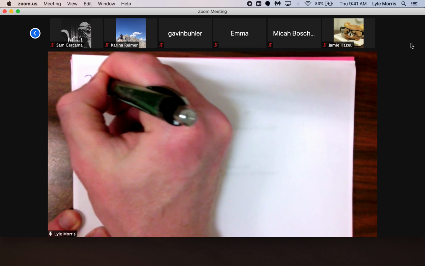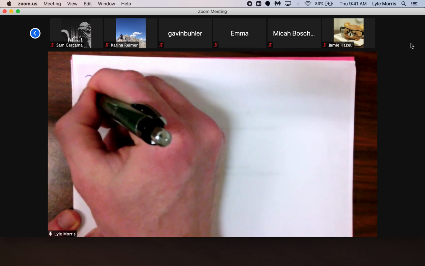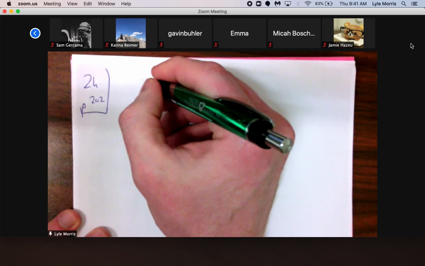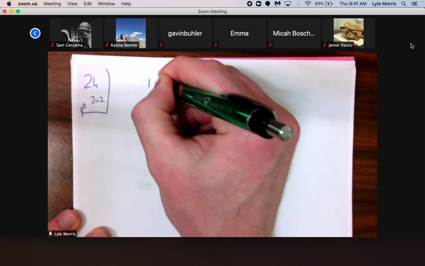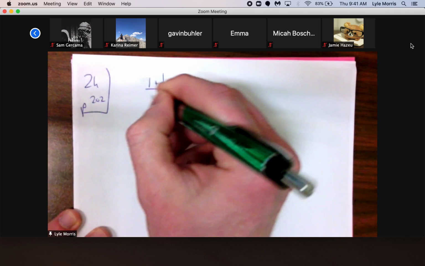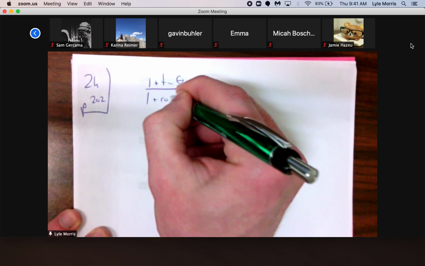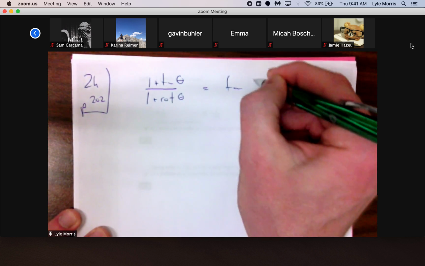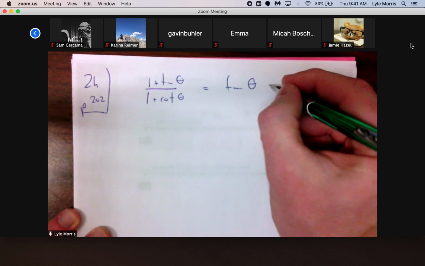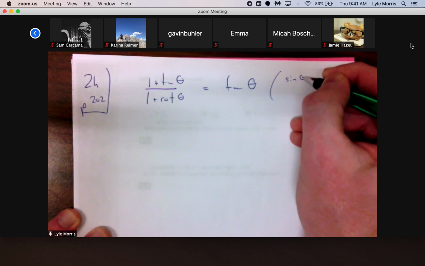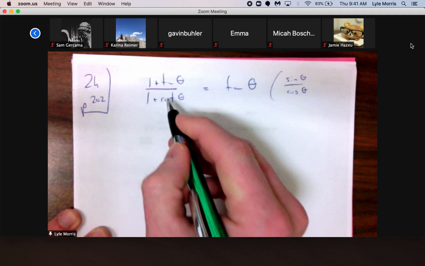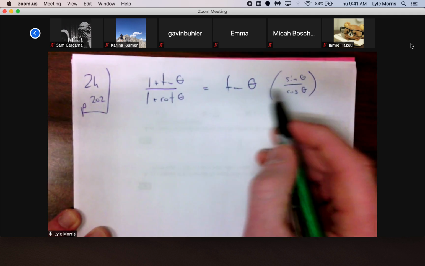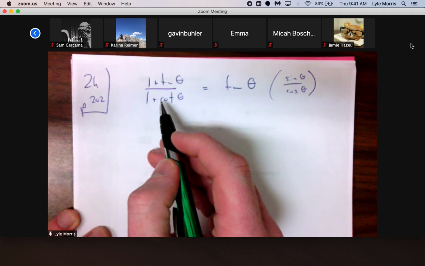So 2h, page 202. (1 plus tan of theta) over (1 plus cotan of theta). This is a proof. It equals tan of theta. The right-hand side is pretty straightforward, and you can think of it as sine of theta over cos of theta, because that might be what this turns out to be. Keep that in the back of your head, but this is clearly the one that needs the work.